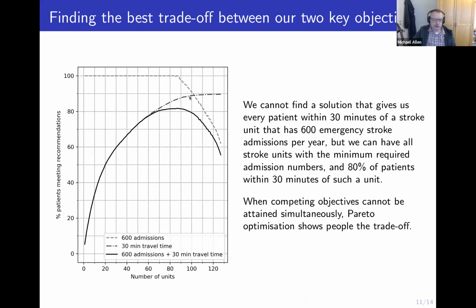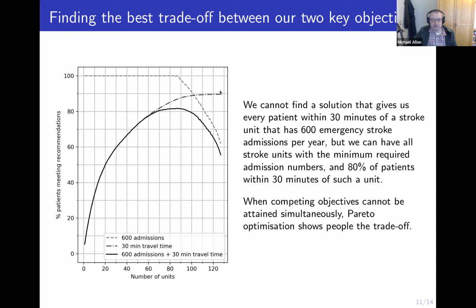The dash-dot line below that is the proportion of patients that are within 30 minutes. So not surprisingly, as you add more units, you can get more patients within 30 minutes, until we get to about 89%.